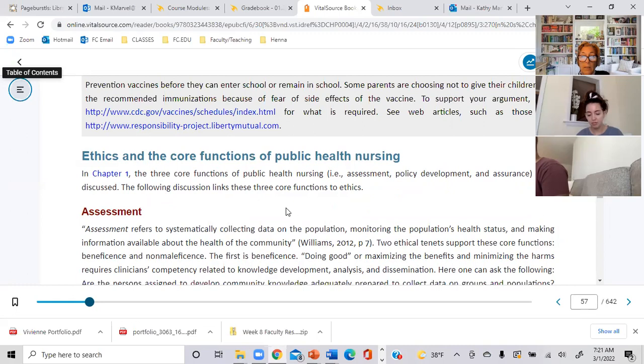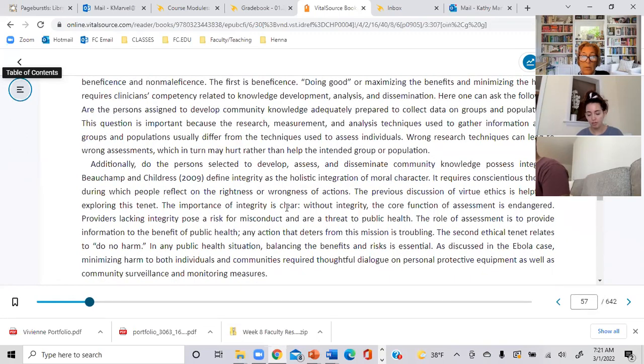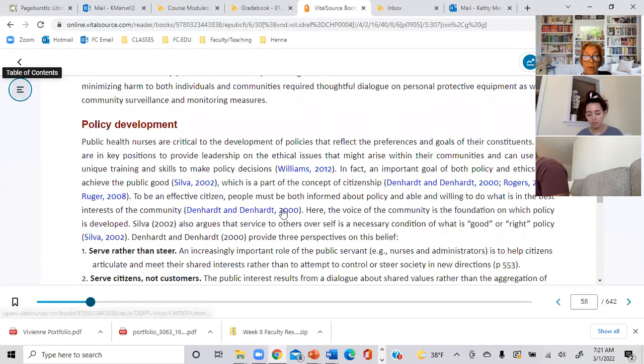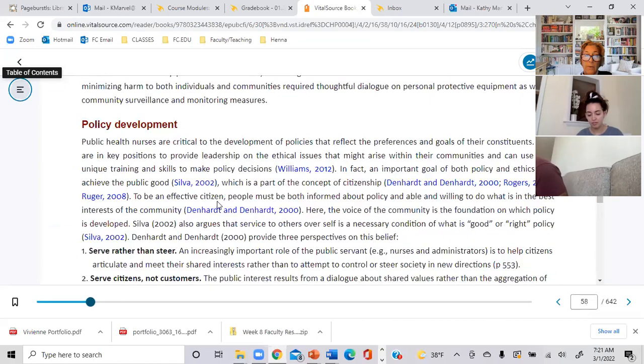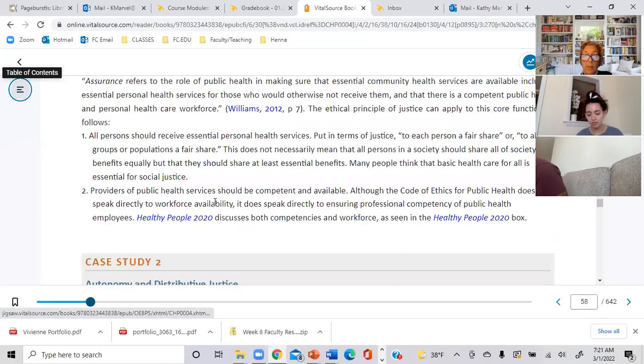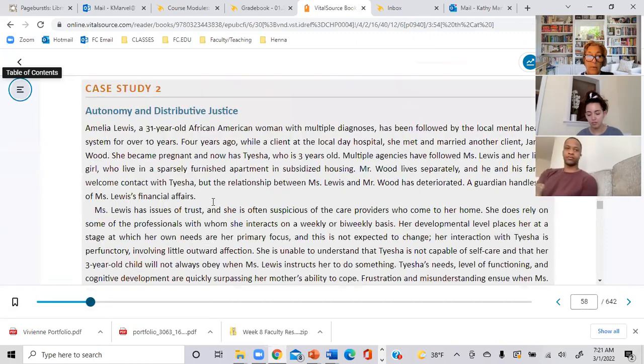Look at the sections of assessment, policy development, and assurance. Because in this section, it brings in the discussion of ethics, why ethics is so important to support the core functions of public health. That's on pages 57 and 58.